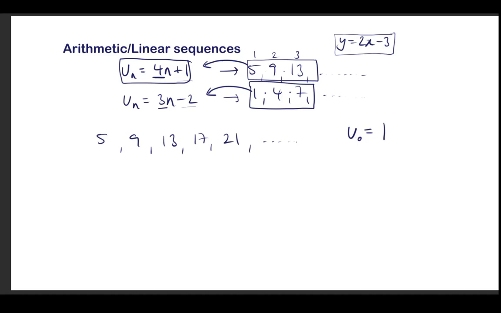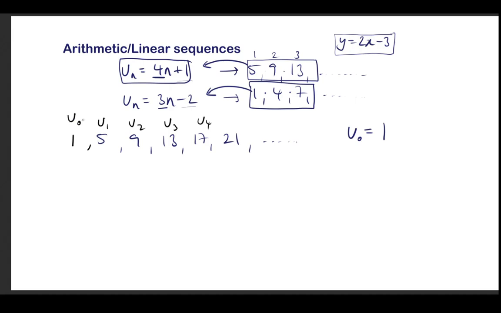Now, what does the u0 mean? Well, u1 is the first term, so u0 must be the term before that. So it's this number here. This is u1, u2, u3, u4, and so on.